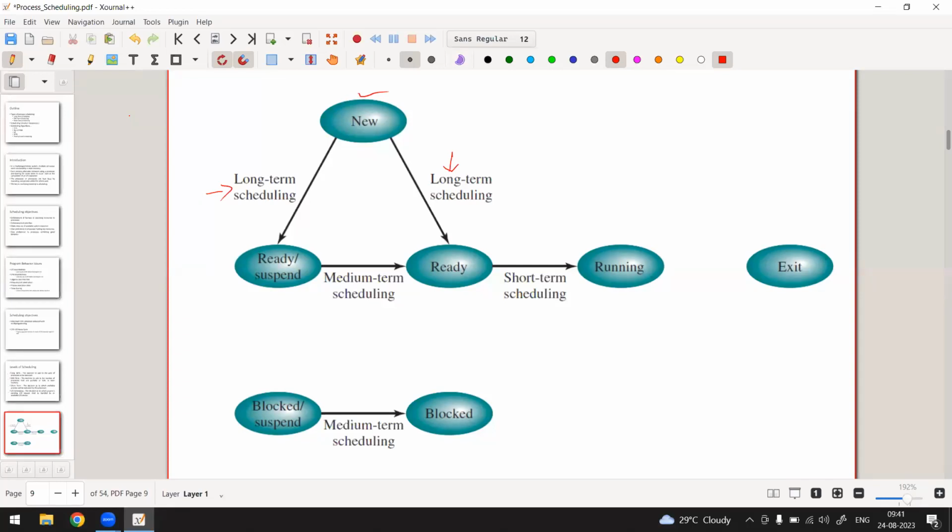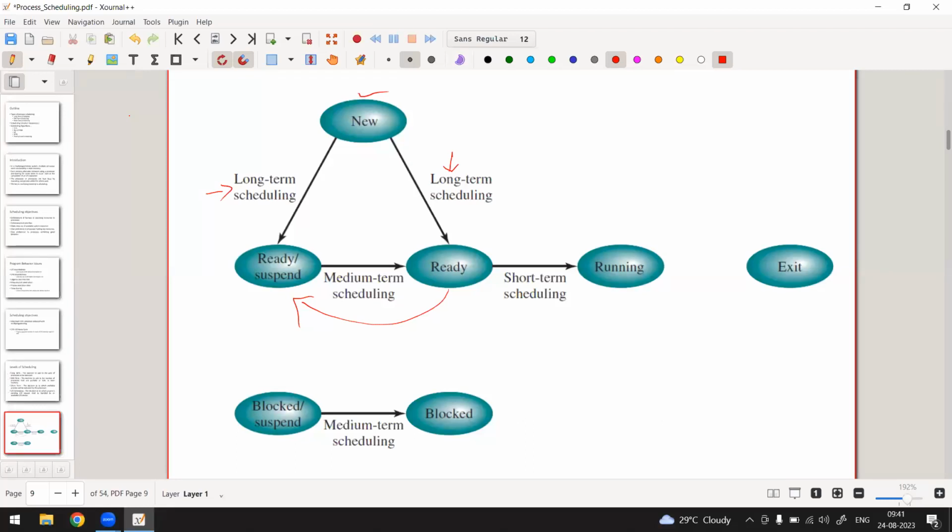Now, from ready suspended to ready, or from block suspended to block, or even from ready to ready suspended, all these things are done by the mid-term scheduler, right?